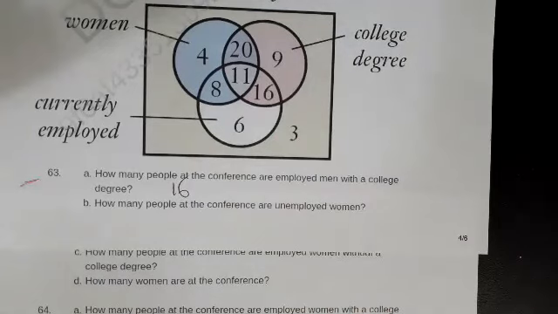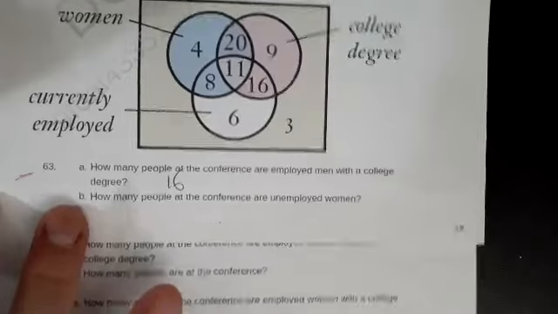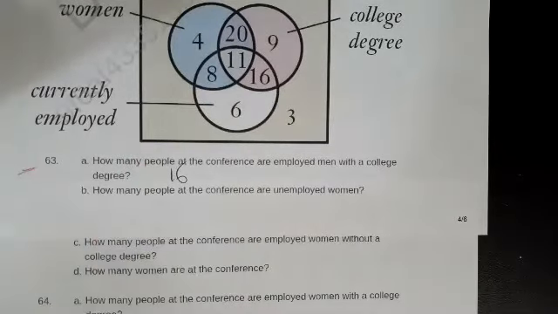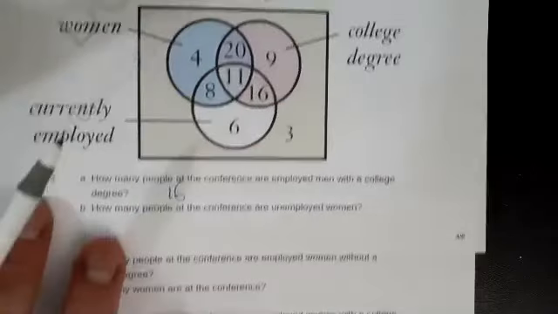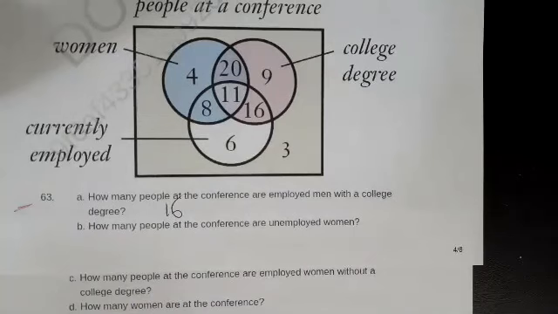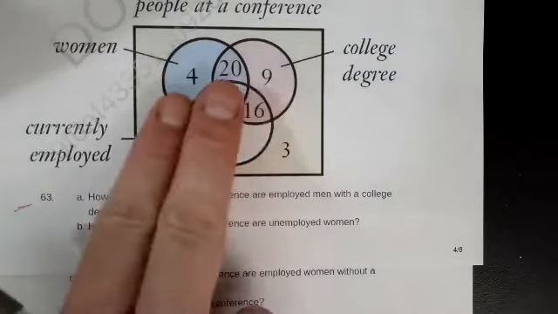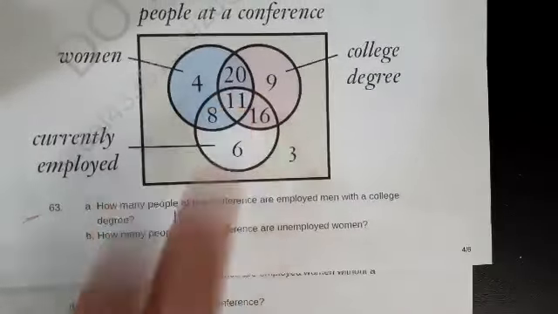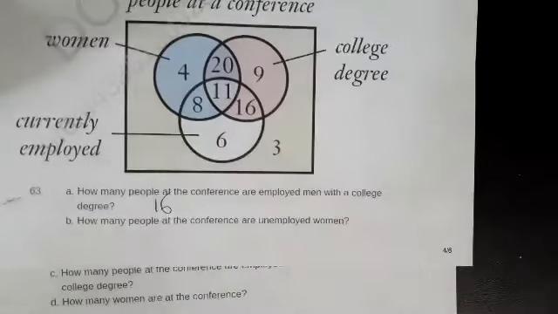So that is, I don't know, can we read what this spot right here means, basically, I think. How many people at the conference are unemployed women? So we're not in the employment, so not in the white.